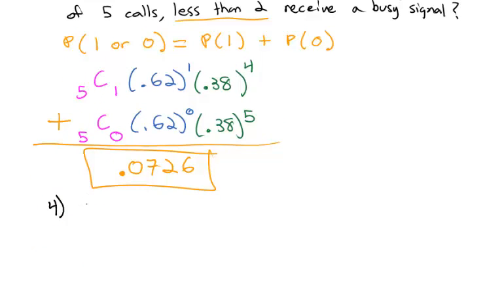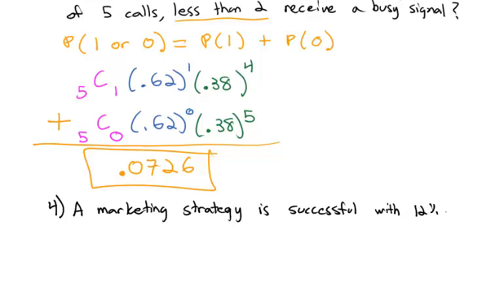What if we have a certain marketing strategy? Maybe it's our Facebook marketing page, and we find that this marketing strategy is successful with 12% of views. In other words, 12% of people who look at our banner on Facebook are clicking on the banner, getting to our web page.